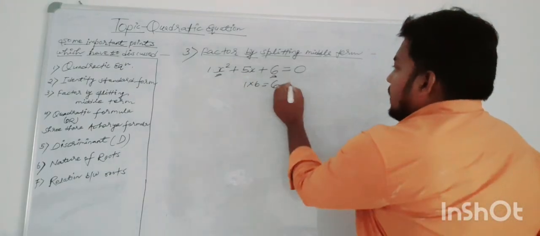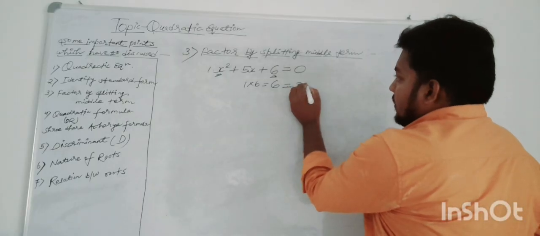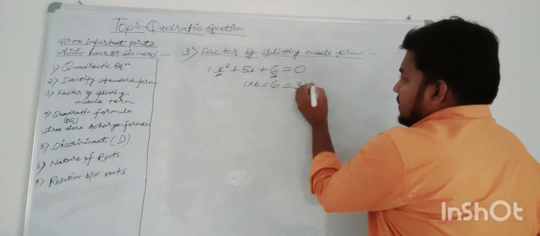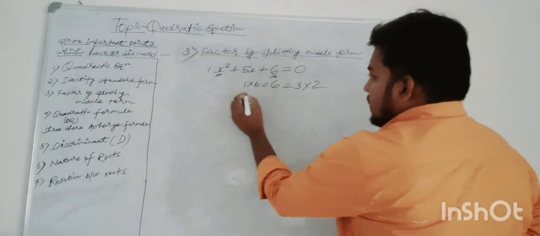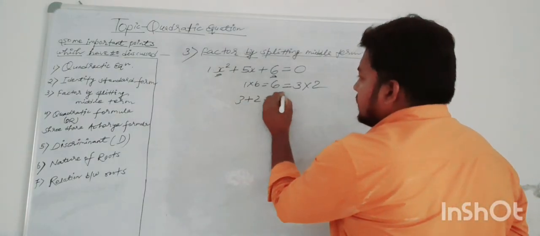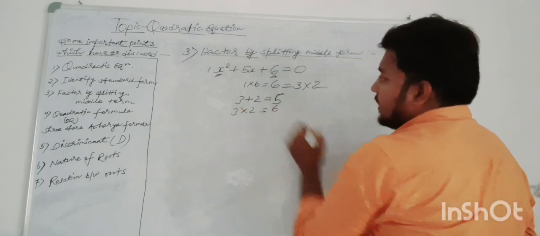So we split 6 in the form of 3 into 2. Here sum of 3 and 2 is 5 and product of 3 and 2 is 6.